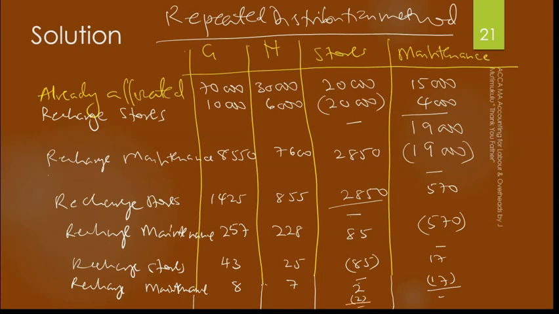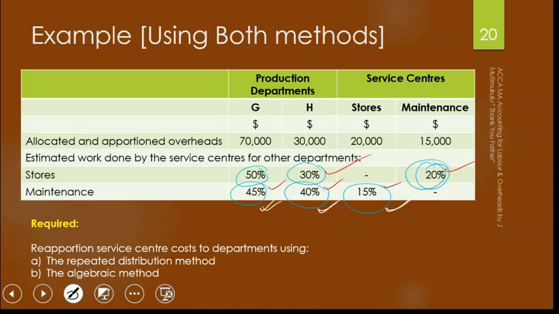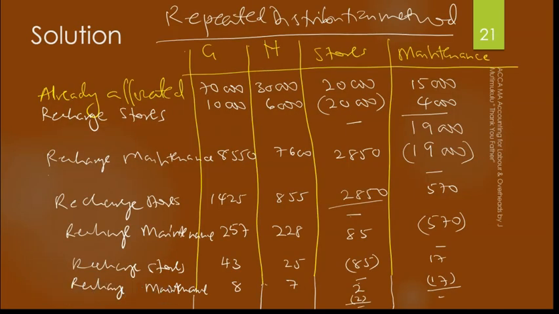All right, and we have to apportion these 2 based on the sharing percentages. For the recharge of the stores, we've got 50% to production, that's 50% of 2, it's 1, and obviously the remainder is 1.